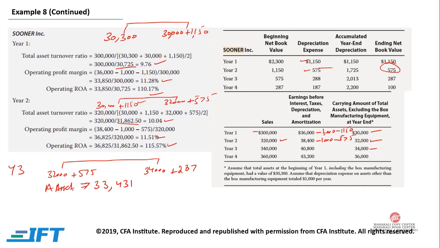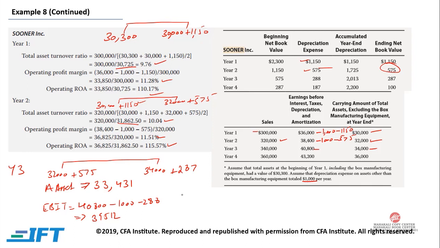Your EBIT would be 40,800 minus 1,000, that is your other equipment, minus the depreciation. That is your 288. EBIT would be 40,800 minus 1,000 minus 288, which is 39,512.